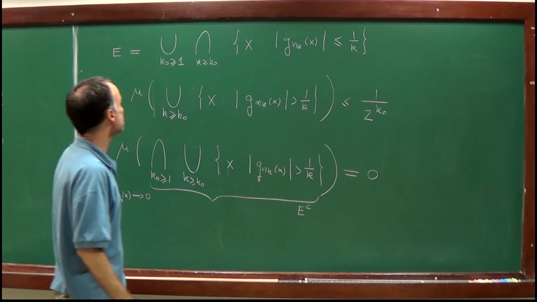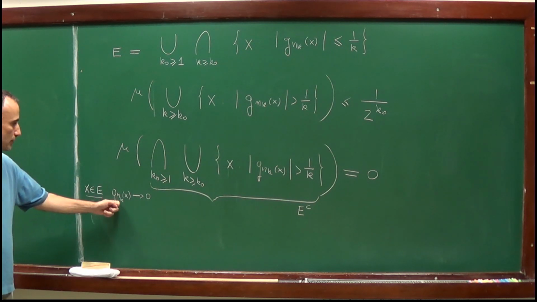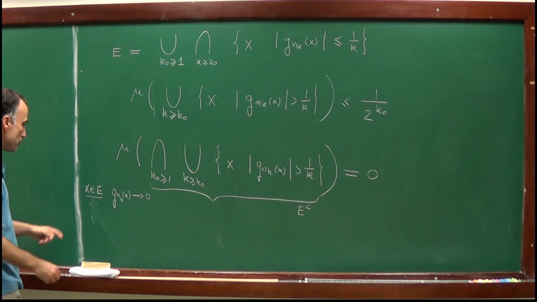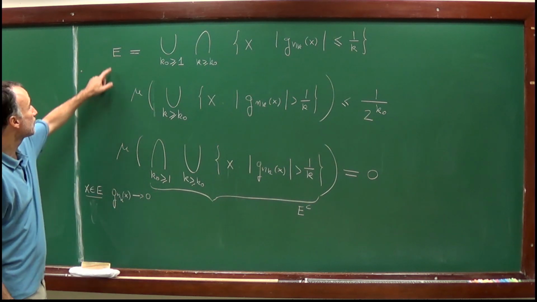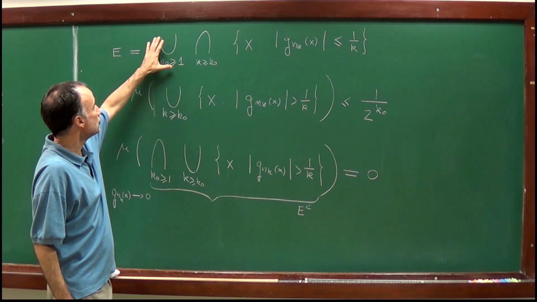So here's my set E. So let me go back. I want to show that for any point x in E, the sequence g_{n_k}(x) converges to 0. So let's fix a point x in E. It belongs to this set, so it belongs to this union.